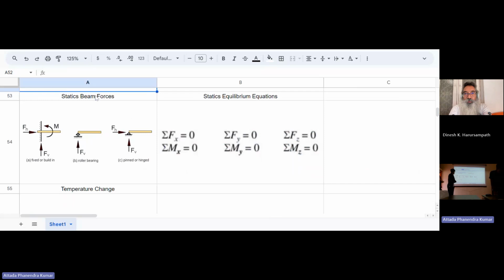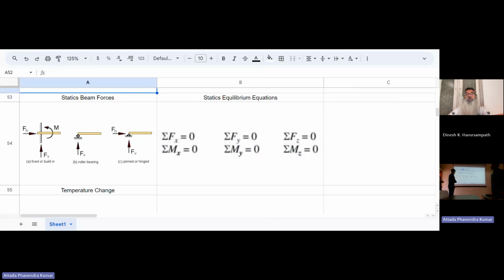So one thing we learned in statics was static beam forces, right? Like we talked about fixed supports, where we have to include both forces in the x and y direction as well as a moment. For rollers, you have to include a y direction force, and for a hinge, you have to include x and y direction forces.